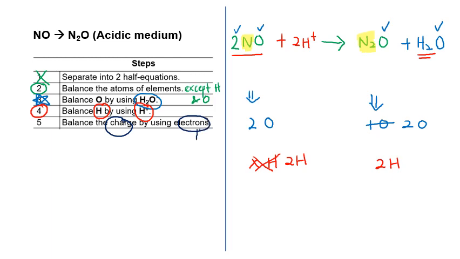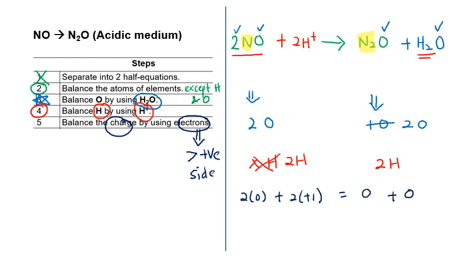So if you still remember just now we said by adding electron at the more positive side. So no worry, we try to do the calculation. So 2 NO, and each NO is neutral, so the charge is 0. And then we have 2 H plus, each H plus, the charge is positive 1, equal N2O, no charge, H2O also no charge.